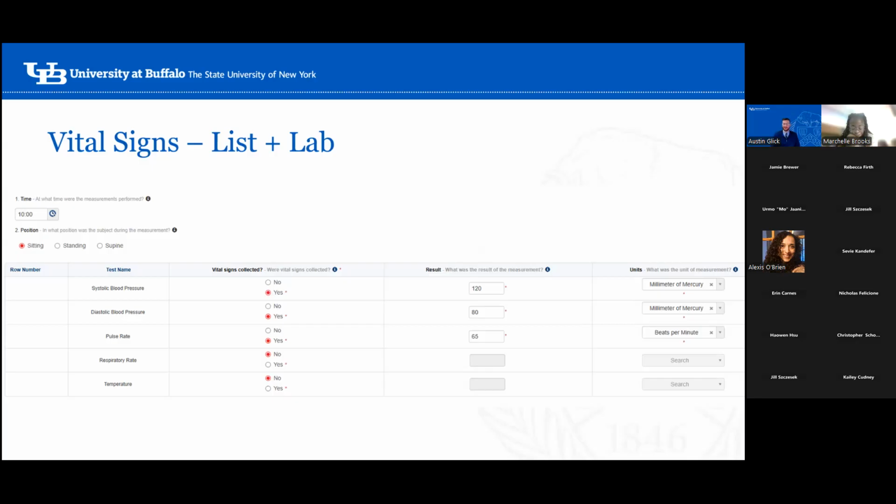But it's set up in this fashion that we can have a quick flow from the starting questions into these, and then you can collect that data in a nice, easy to enter table where you have your results, your units. If the vital signs weren't collected, as you can see with respiratory rate and temperature, it just grays out the next two fields. The study coordinator knows they don't have to complete those, and they can just continue to move on.